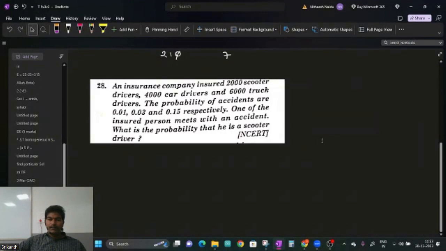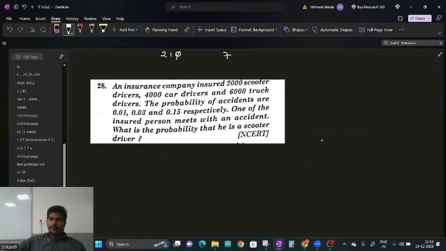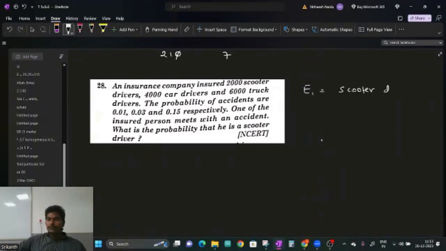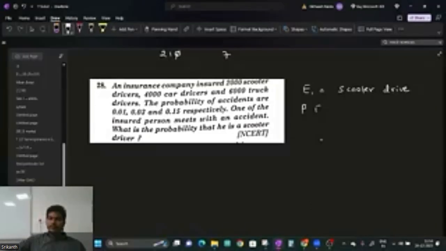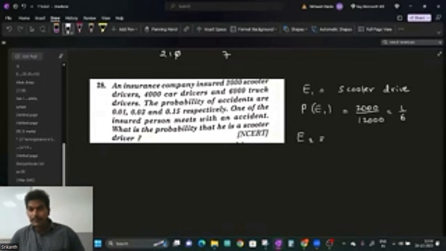Write down the probabilities. E1 is scooter driver. So P of E1 is equal to 2000 by how much? 12,000. How much is this? 1 by 6. E2 is car driver.